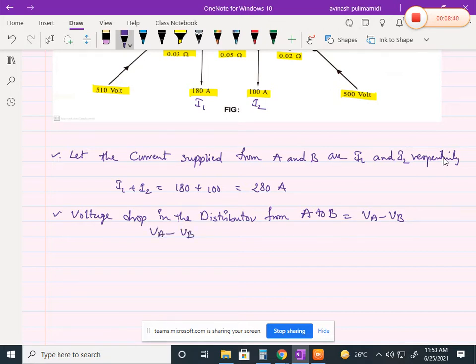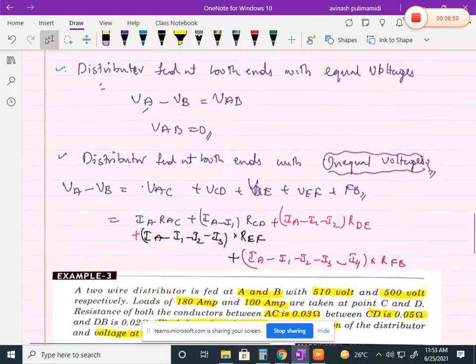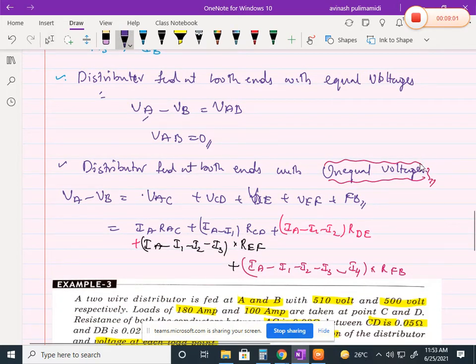What is the value of VA? VA is how much? 510 volts minus, what is VB? 500 volts. VA minus VB is how much? 10 volts. Now, as we have seen, what is VA minus VB with unequal voltages? It is IA RA, IA into the AC section.